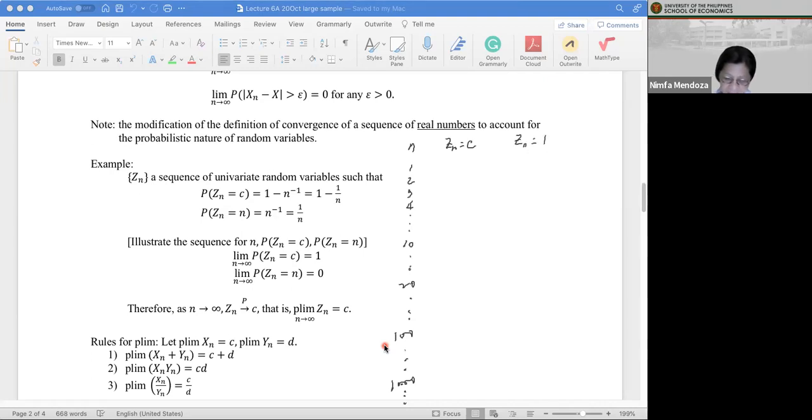Okay, so let us look at the probabilities. Let us get first the probability that C sub n is equal to n. That is 1 over n.